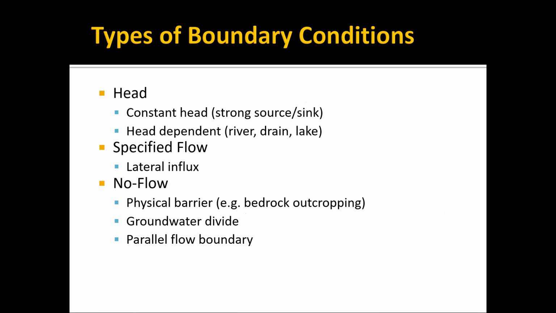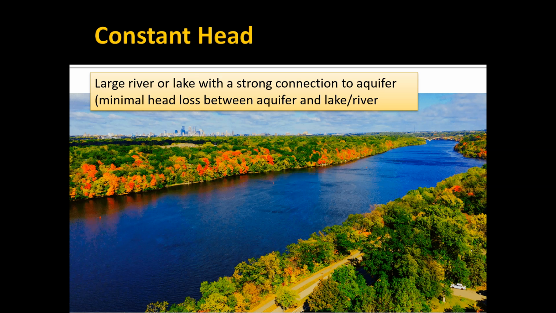So here are the three main kinds of boundary conditions for groundwater models: both constant head and head dependent, specified flow boundaries, which I'm not sure that we've covered much yet, and then no flow boundary conditions. And we've talked about these a little bit, but we're going to dive into it in more detail.